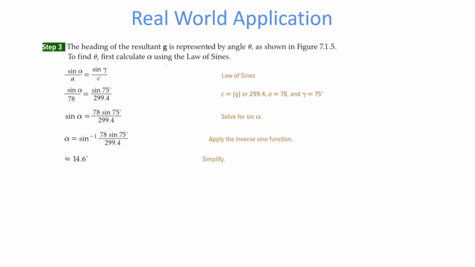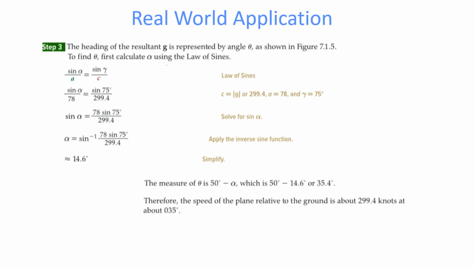So the measure of theta is 50 minus alpha, which is 50 minus 14.6, or 35.4 degrees. So the final answer is that the plane is flying at 299.4 knots at about 0.35 degrees if we are going to write it as a bearing.